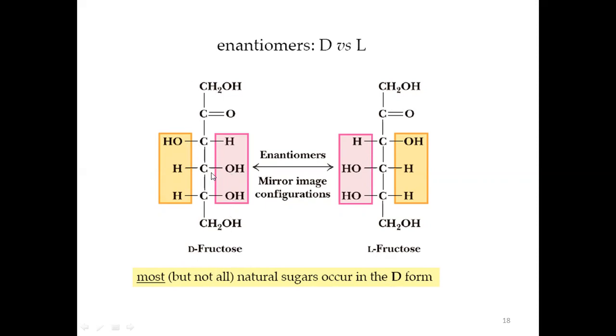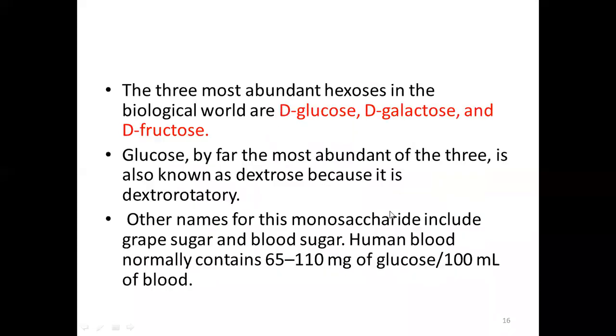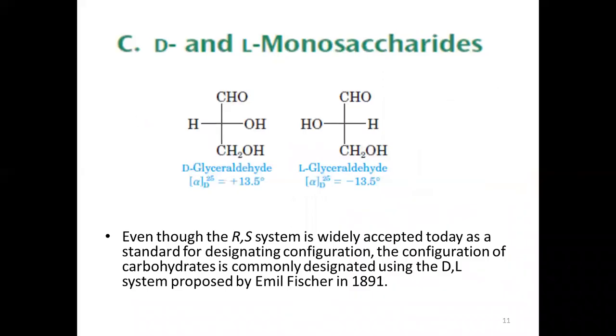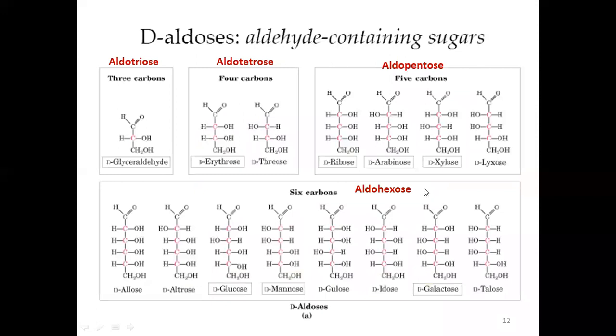You have 1, 2, 3, 4, 5, 6 carbons, and 3 chiral centers here. On the mirror image, you will have H, OH, OH. Whatever is on the left or right here becomes the opposite side on the mirror image. That's how you write the mirror image. If they are not mirror images of each other, they are not enantiomers.